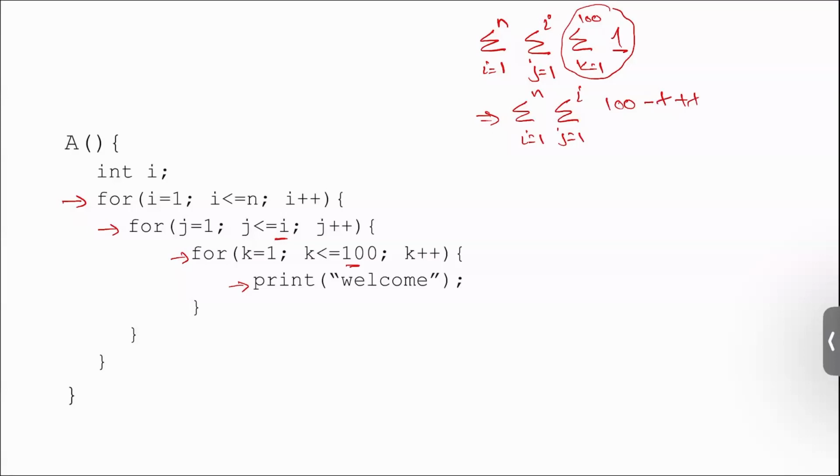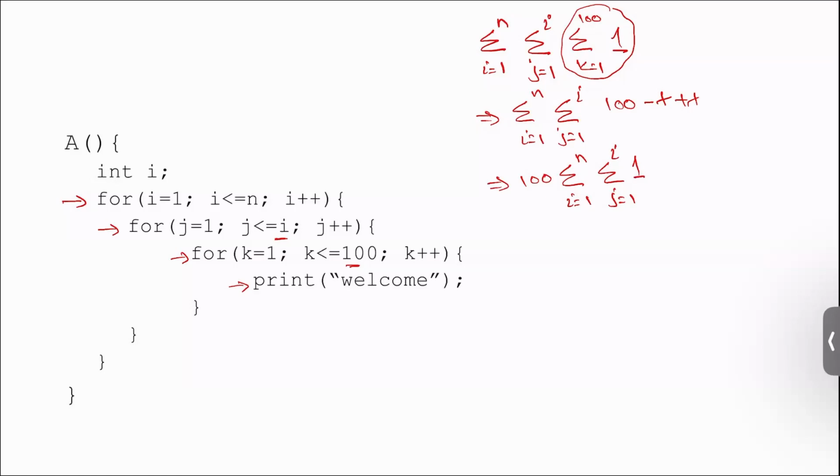So 1 and 1 are cancelled out, which is 100 now. 100 is a constant value with respect to j, so we move 100 out of j. And 100 is also constant with respect to i, so I move 100 out from i as well. So 100, i going from 1 to n, j going from 1 to i, and then what is remaining is 1 only, right? So 1 is remaining inside this summation.